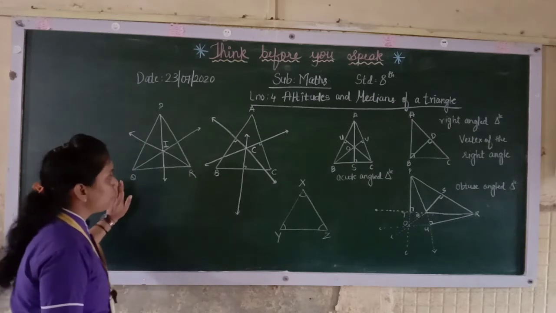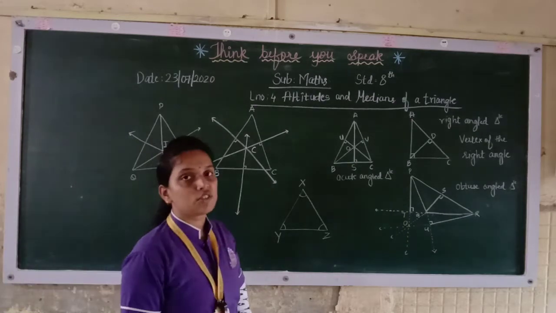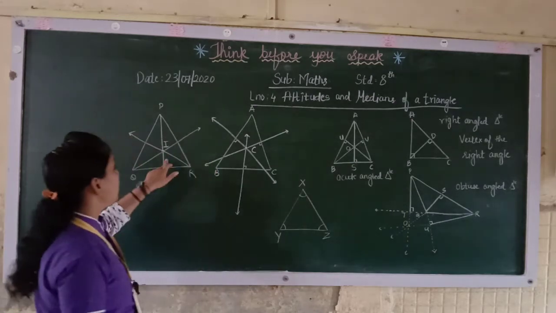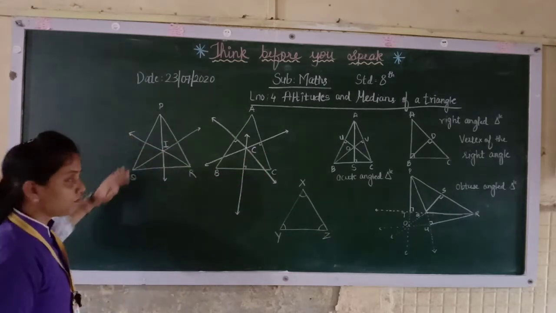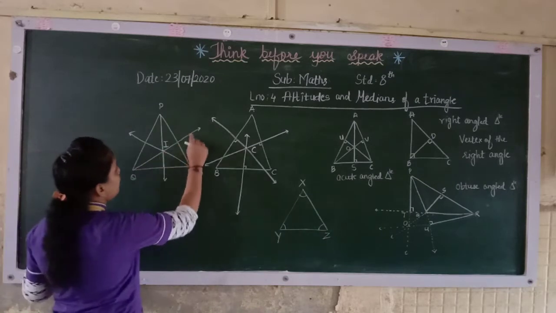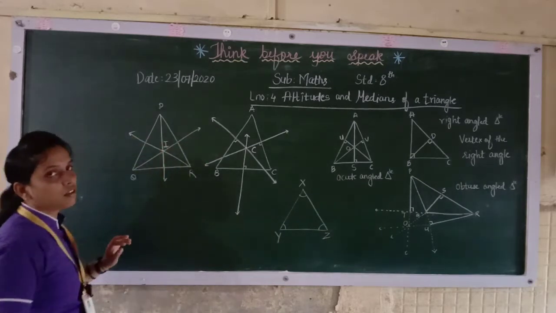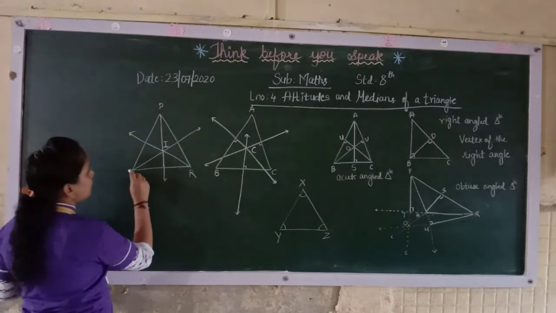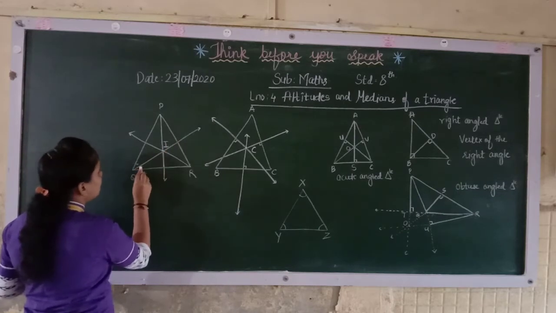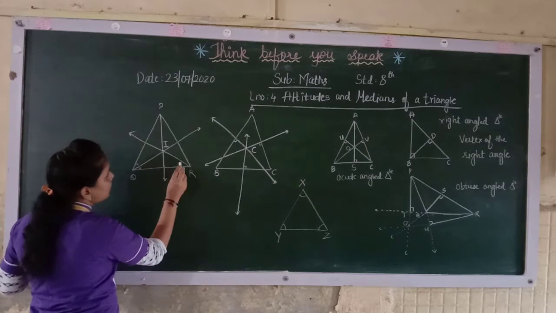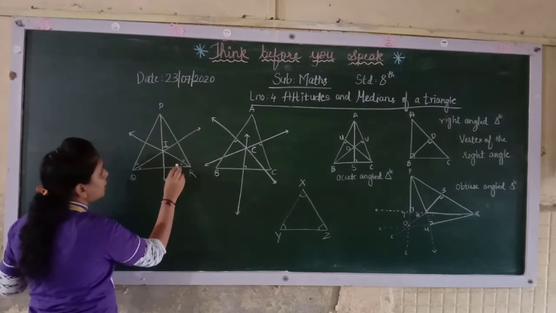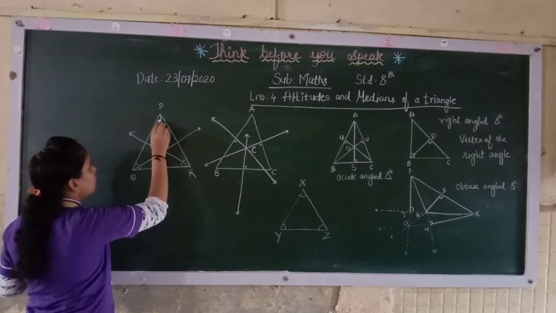Now previous standards you must have studied about the incenter and the circumcenter. If it is a triangle and you are drawing the angle bisectors, now you must be knowing how to draw the angle bisector. When you draw the angle bisector, these two parts will be the same because you are dividing the angle into equal parts.